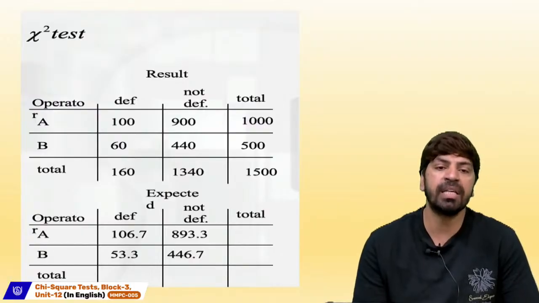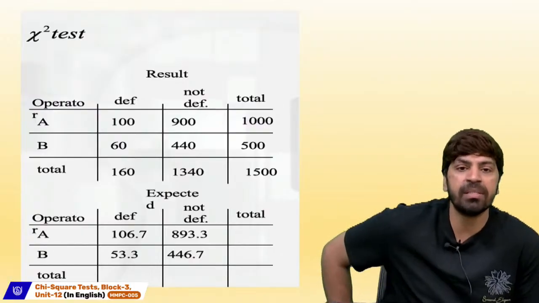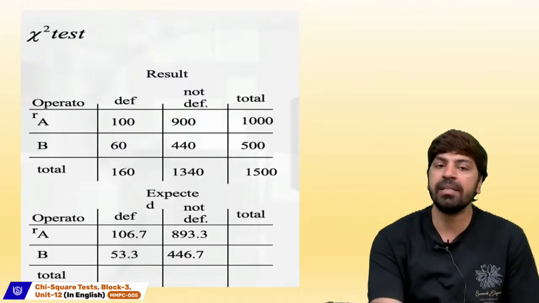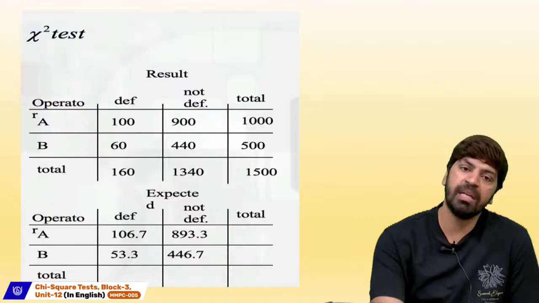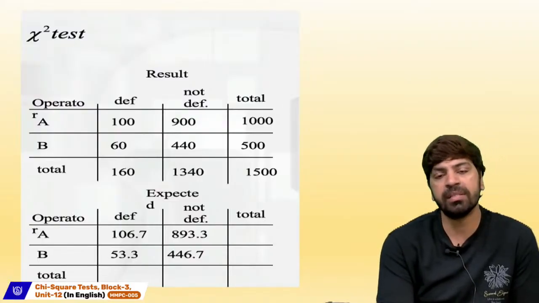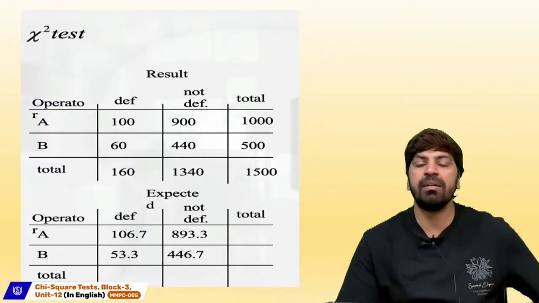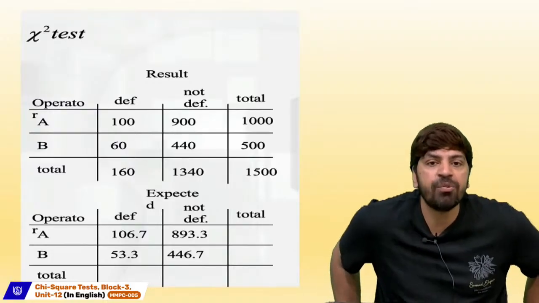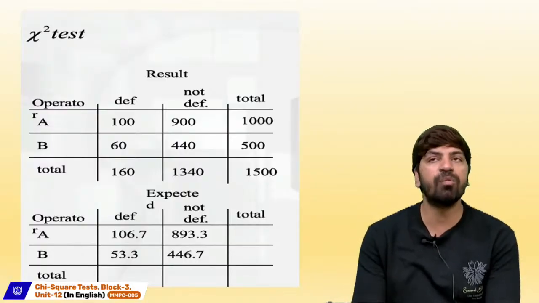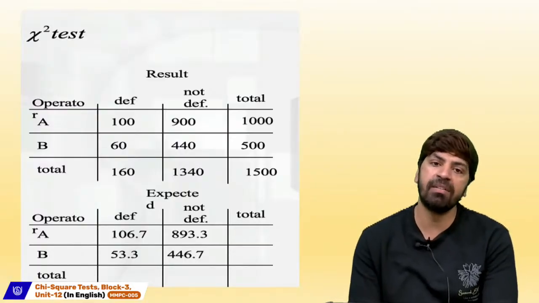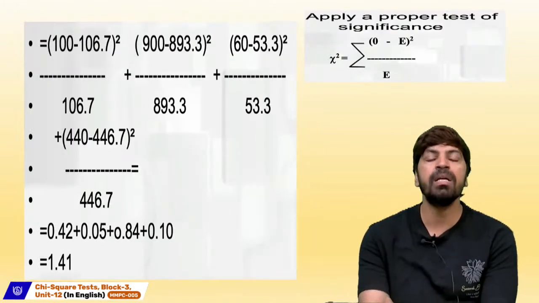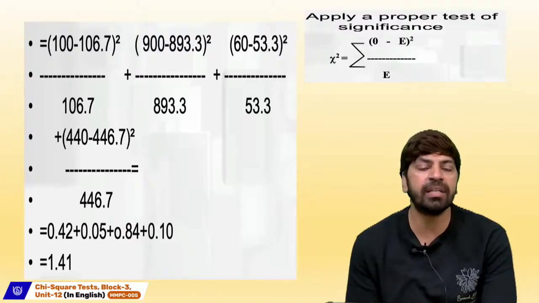Defective 106.7 and non-defective 893.3, and the same for operator B, 53.3 and 446.7, which is 500 minus 53.3, the expected frequency of non-defective. So how do we calculate the chi-square value?